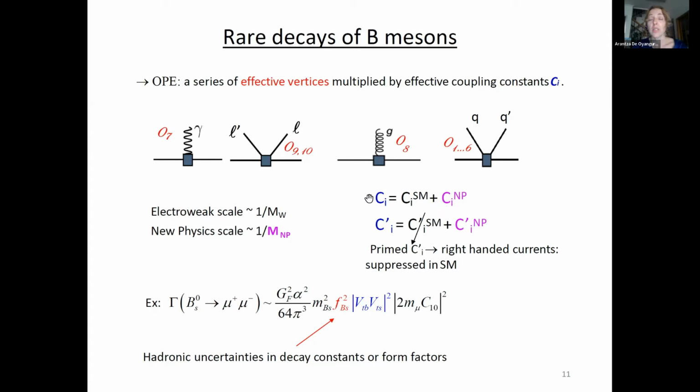So the theory calculates the coefficients, and the experimentalists try to measure and check if these are consistent with these coefficients. If we are at the electroweak scale, we will have a contribution of the W. If there is new physics, then it will be related to the mass of the new physics.